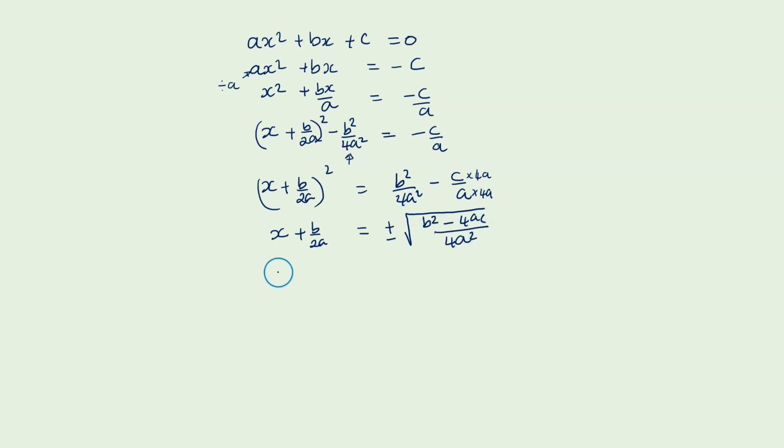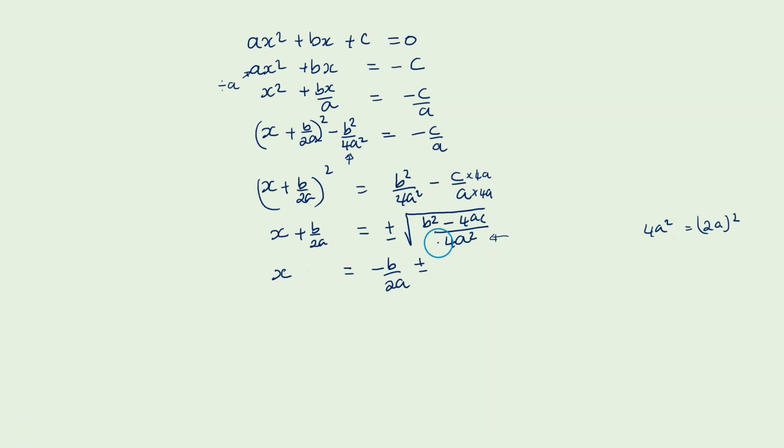Now I can make x the subject by removing the b over 2a, so subtracting that on both sides. That will give me x equals negative b over 2a, and then plus or minus. Now this part, if you look at the denominator, is a square: 4a squared, I can write as 2a squared.